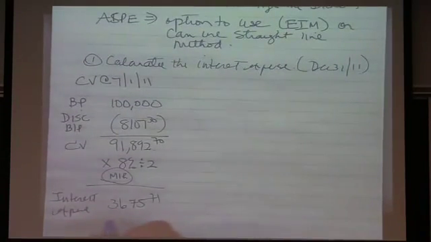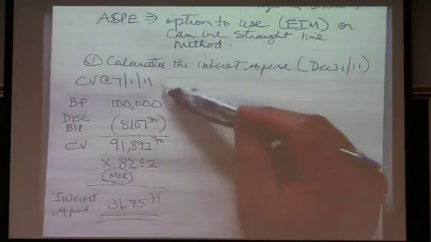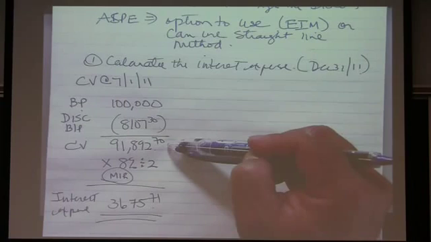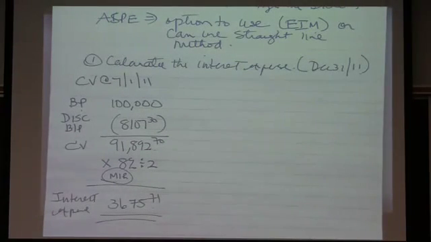So under the effective interest rate method, you always have to calculate the interest expense. And that calculation requires us to determine the carrying value of the liability from the last time interest was paid. In our case, because this is the first payment, it would be the issue price of the bond. And we're going to multiply always by market rate.